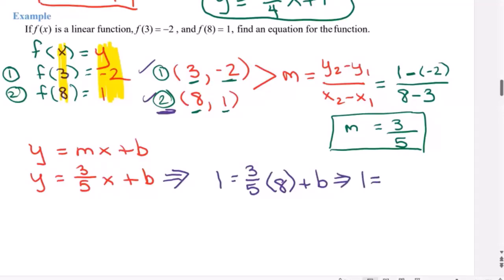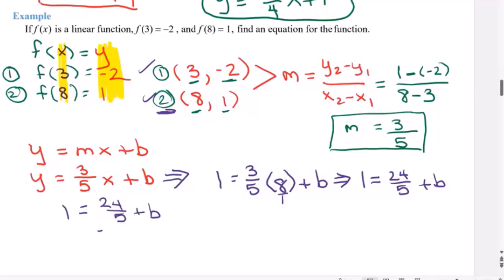1 equals, I'm going to multiply this together, and really 8 is the same as 8 over 1, so 3 times 8 is 24, divided by 5, plus b. Now, let's rewrite this here. 1 equals 24 over 5 plus b.